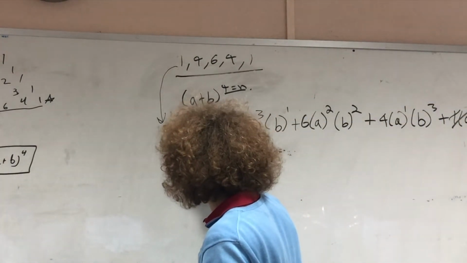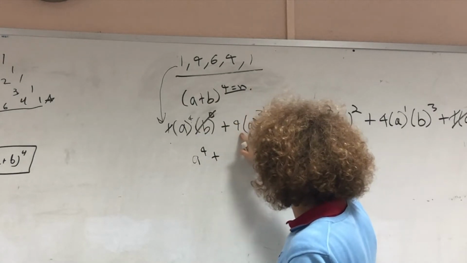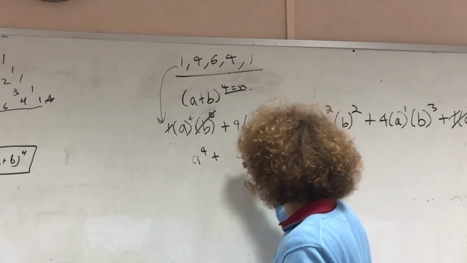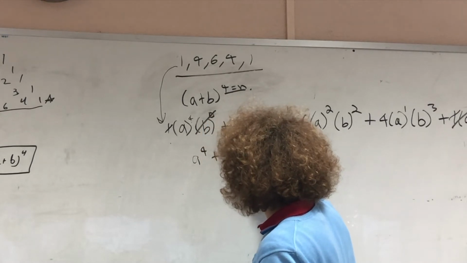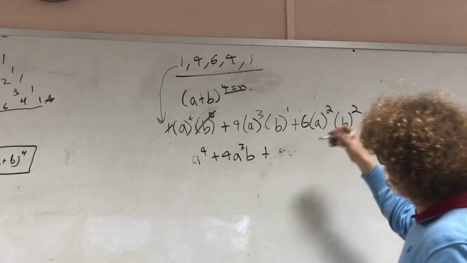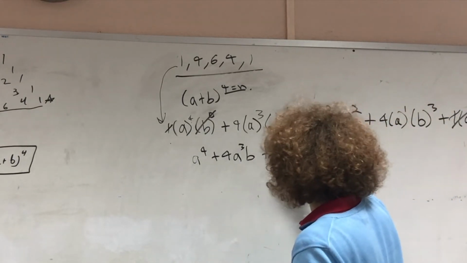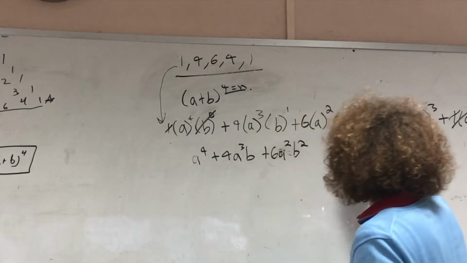So we have a to the exponent 4 plus 4 times a to the exponent 3 times b, which can also be expressed as 4 times a to the 3b, plus, what does this say? Well, this means 6a squared b squared. Now what does this mean?